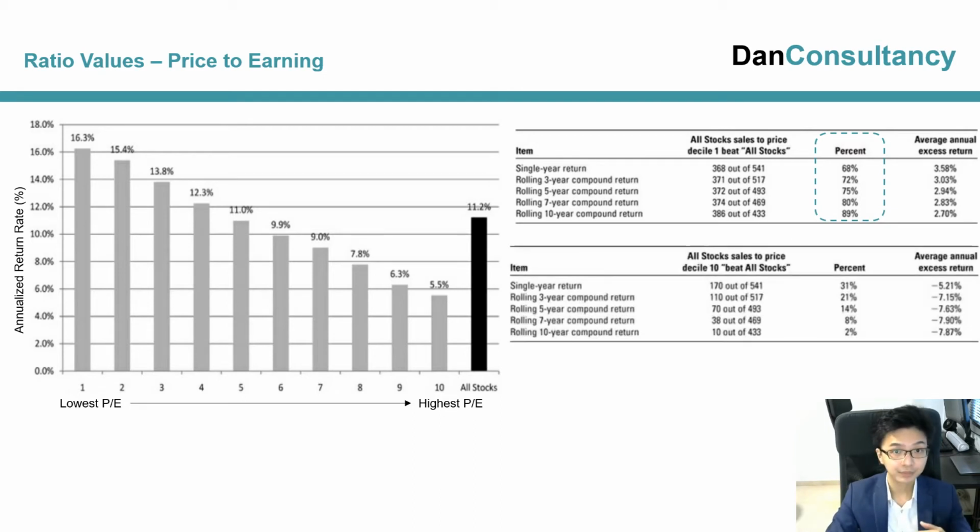On the other hand, if we were to look at the base rates of the group with the highest price to earnings ratio, you will realize that while the probability of a single year return is decent, this probability decreases significantly year by year. And in the long run, you would have been better off if you invest in the entire investment market or entire stock market itself, rather than the group with the highest price to earnings ratio.